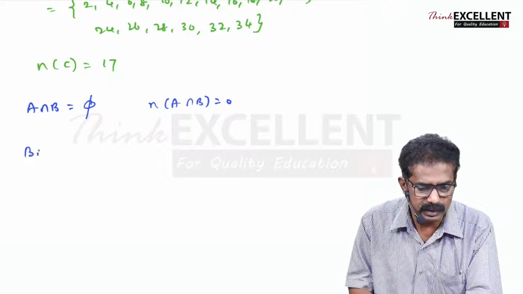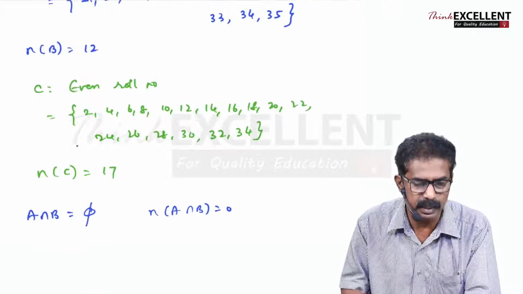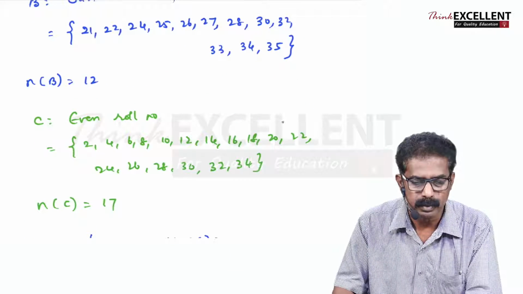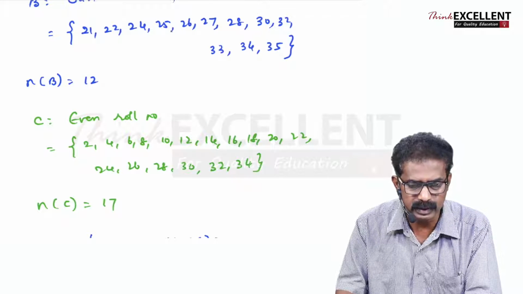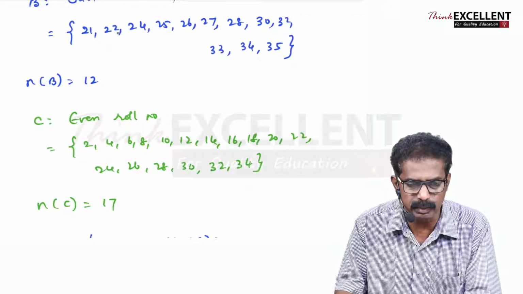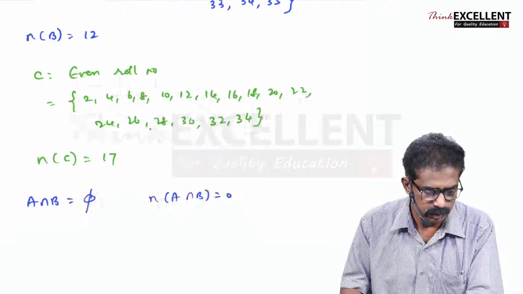Now B intersection C you check. Common for B and C. After 20 you check, right? 22, 24, 26 even numbers. From here you take all the even numbers: 22, 24, 26, 28, 30, 32, 34.